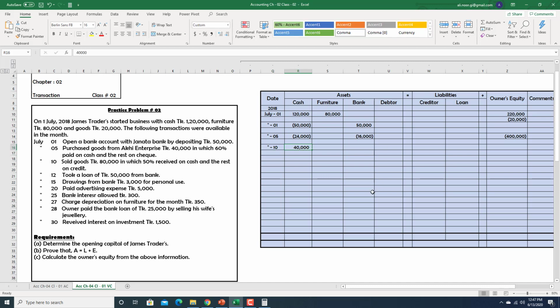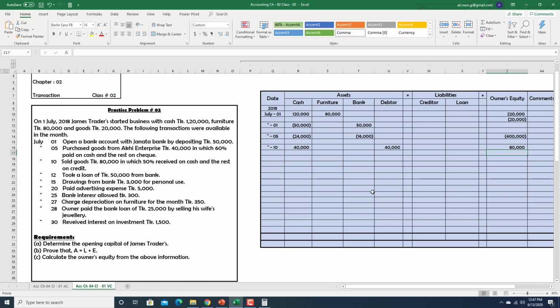When we sell any goods on credit, it will increase debtor. So write it under debtor account, for 40,000 also, the remaining 50%. And the total 80,000 will increase owner's equity, since selling goods is an income account, and income will definitely increase owner's equity. So write it here, 80,000.